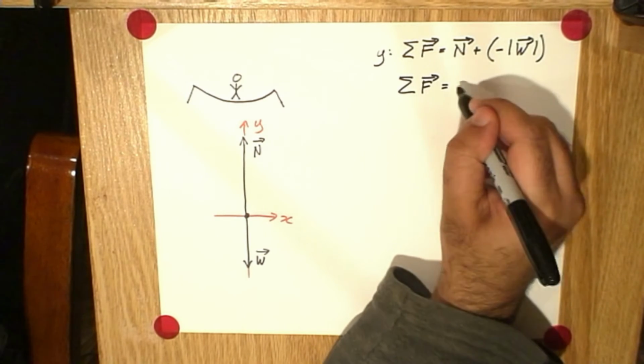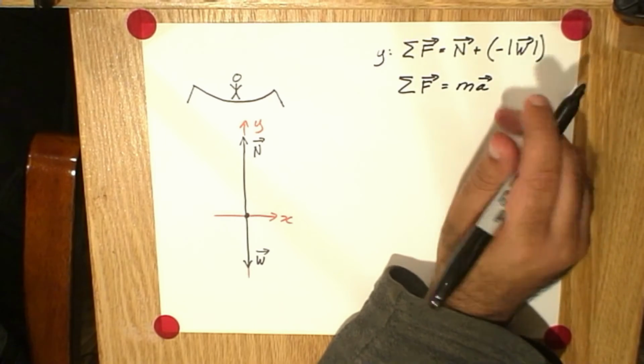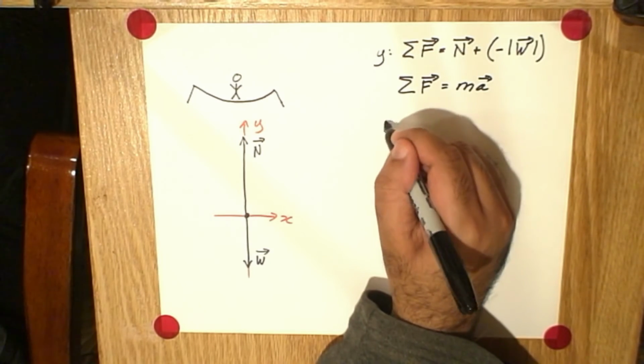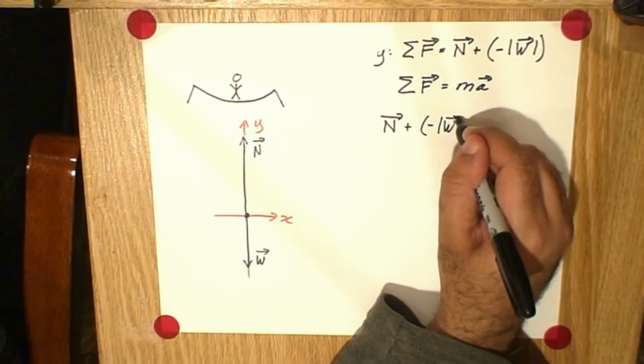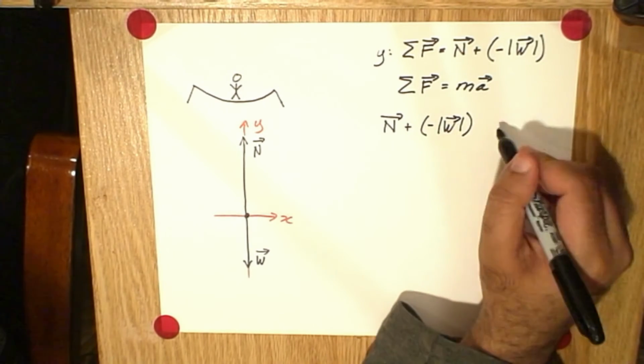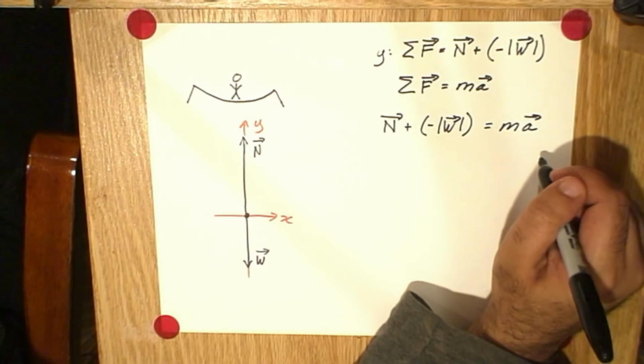Total force is in turn equal to mass times acceleration. So now we can equate these two. The normal force plus the negative of the weight force, or the negative of the absolute value of weight force, is equal to mass times acceleration.